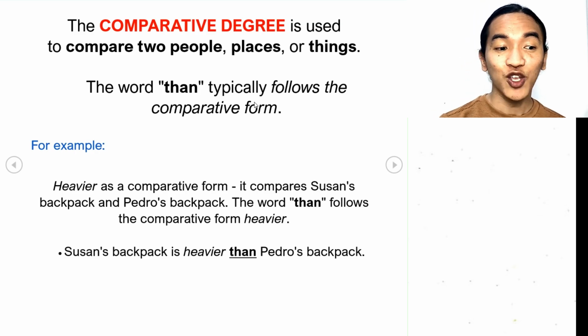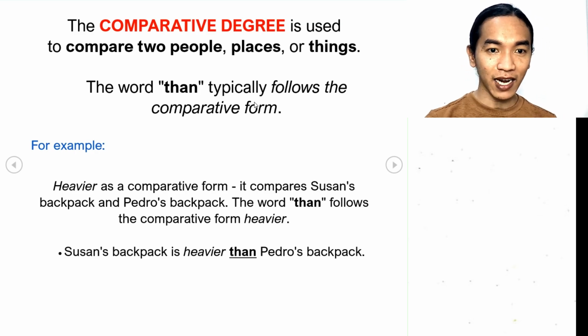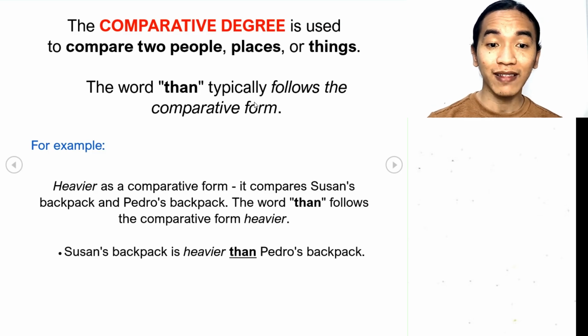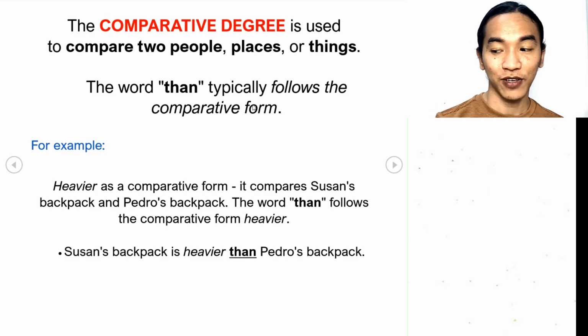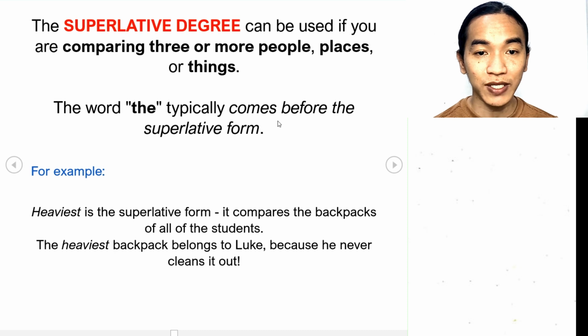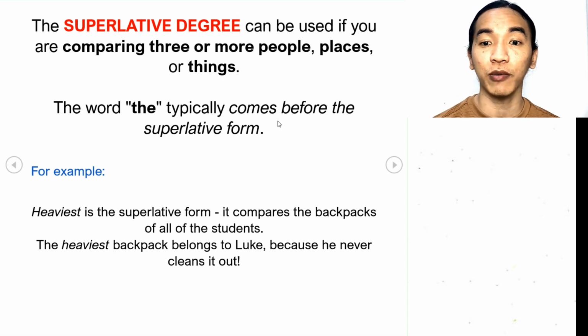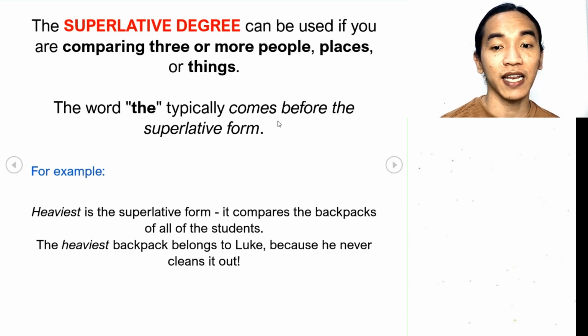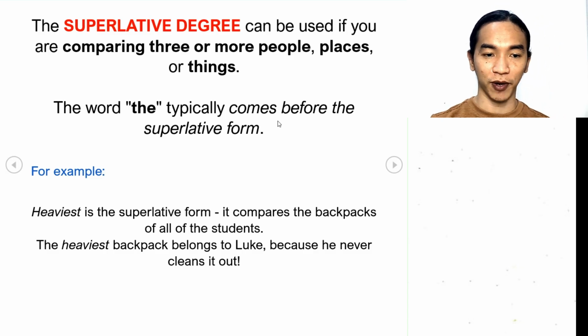Since you are comparing two backpacks here, we use the adjective in its comparative form with the word than. Now, the superlative degree can be used if you are comparing three or more people, places, or things. The word the typically comes before the superlative form.